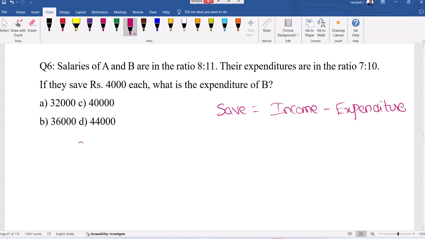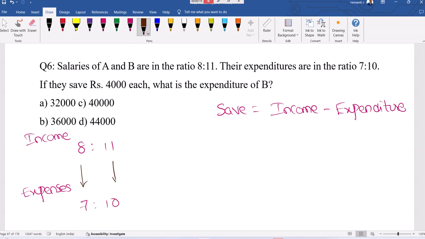Here you can clearly observe income is this, expenses is this. This is an easy question, directly. Here the difference in both is maintained the same, 1 and 1. Here saving is 4,000 each. In the ratio, 1 means 4,000 rupees outside.